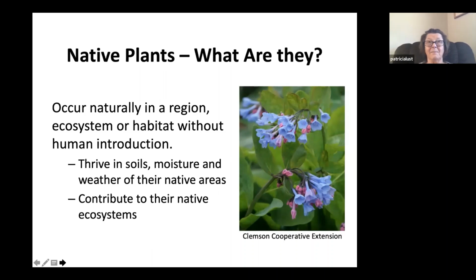Now, there is some disagreement about what native actually means because things were brought here long ago. Native is often defined in the literature as pre-European settling, so some centuries ago, but within this millennium.